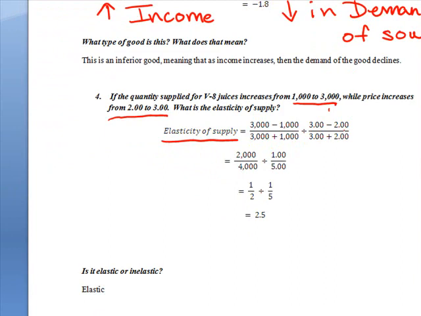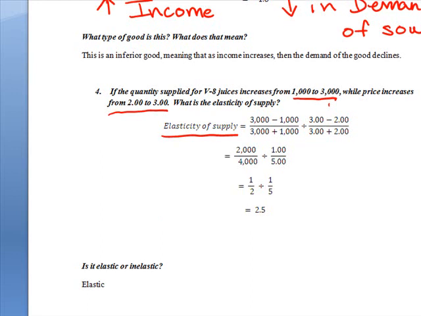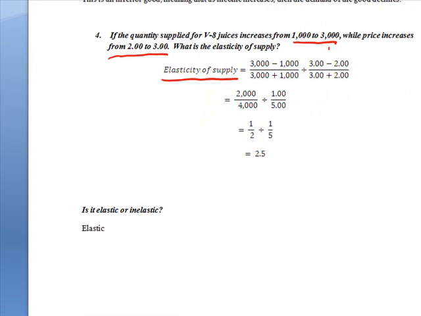So this particular one, what I see is that it is elastic, meaning for every 1% change in price, quantity supplied should increase by 2.5%. Alright, so this is kind of significant here. So this tells us how responsive or unresponsive the supplier would be to price changes. So this was an introduction to elasticity.